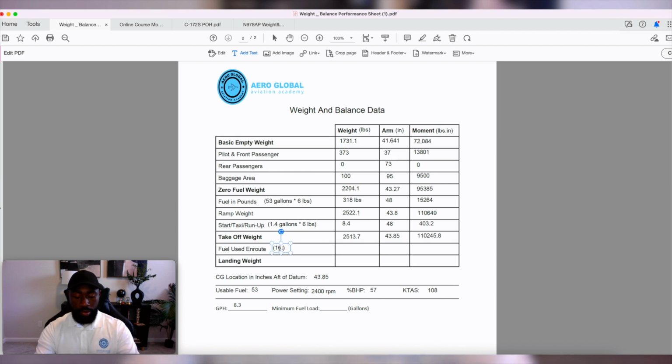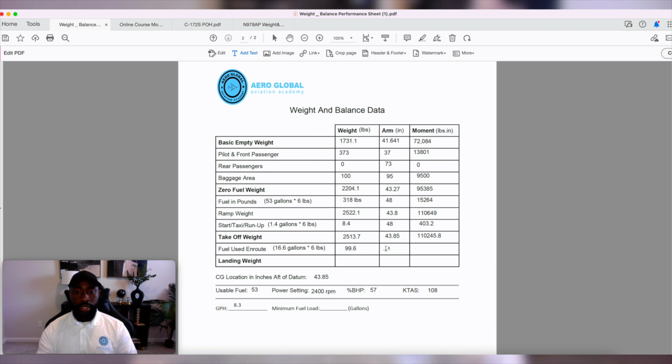So we'll just do 16.6 gallons and multiply that by 6 pounds. So if we do that, we get the weight in pounds. So basically get 99.6 pounds.